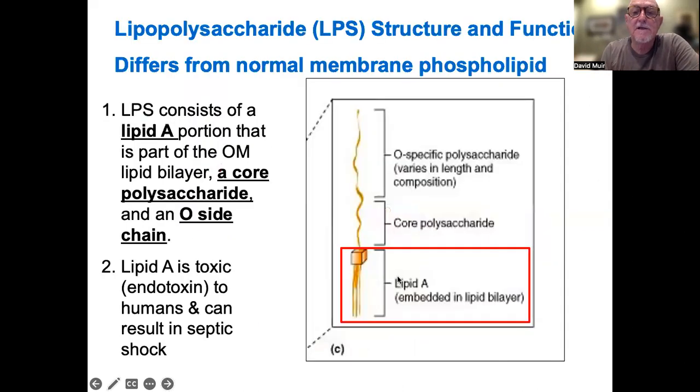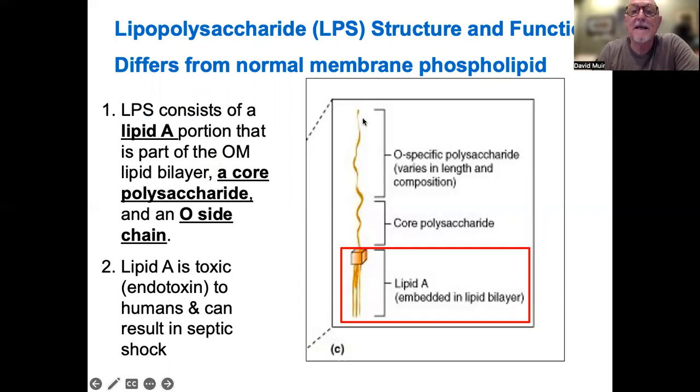These are like phospholipids with the polysaccharide groups attached to them. So here is the lipopolysaccharide structure. And you can see here, this is called lipid A. The lipid part is called lipid A. And lipid A is what results in the clinical condition, septic shock or sepsis. And that is, as I told you, a life-threatening condition.